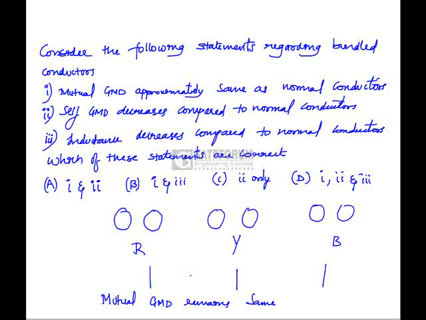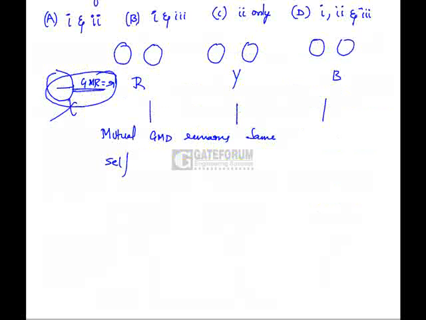If you have only one subconductor per phase, GMR is equal to R dash. If you have more than one subconductor per phase, the GMR concept is not valid, so the self GMD concept is valid. Self GMD is given as the square root of R dash into S, where S is the distance between two subconductors.